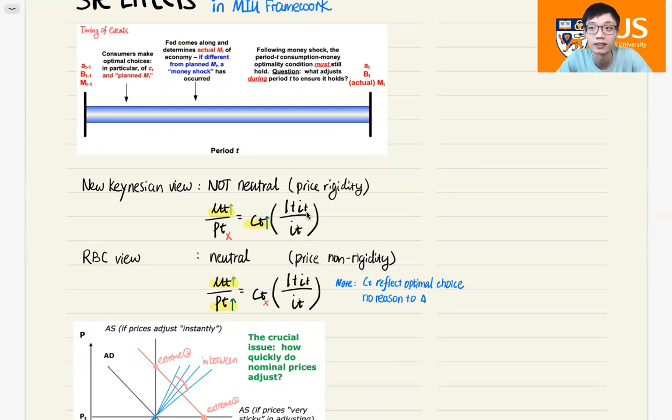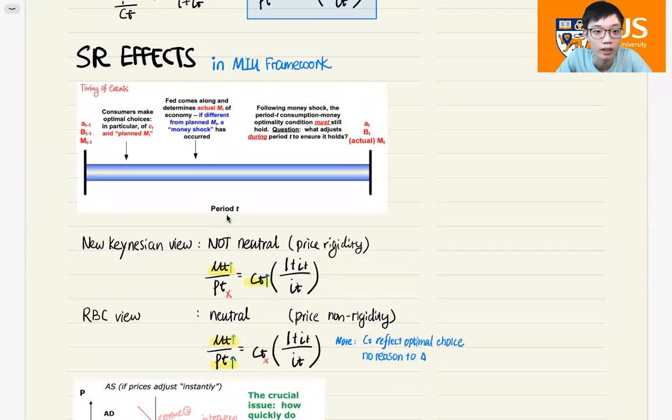And generally, the price takes longer time to respond, because the information is not conveyed immediately to the individual consumers, individual buyers, individual producers, right? So if MT goes up, the money shock, right? Then the CT must go up.